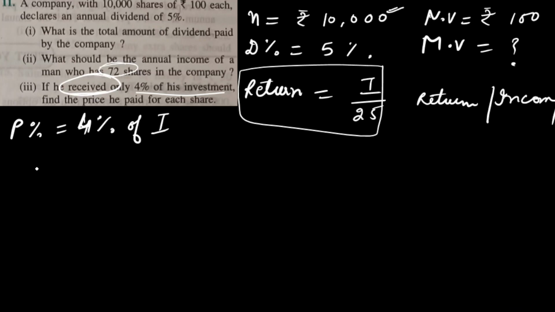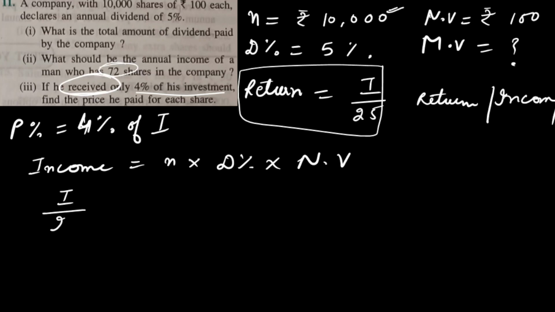So the same formula we will use. Income is equal to number of shares into dividend percent into nominal value. So income, we know we got income as I by 25. Investment, right? I is investment. From here, number of shares: the company with 10,000 shares.